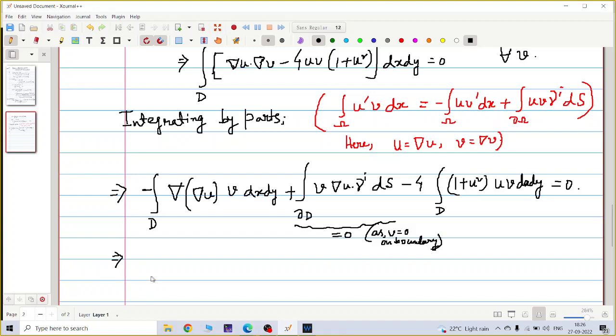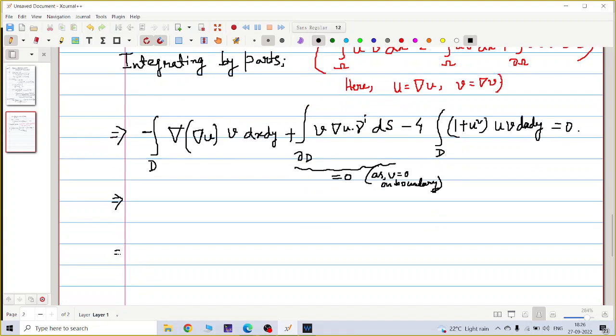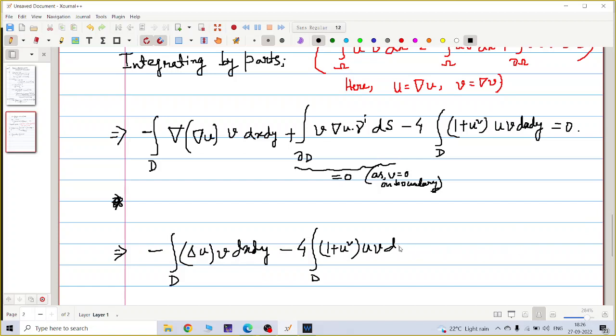Okay, so I got this equation as minus the integral of grad of grad, which means Laplacian, u into v dx dy minus 4 into the integral over D of (1 plus u square) into uv dx dy equal to 0.